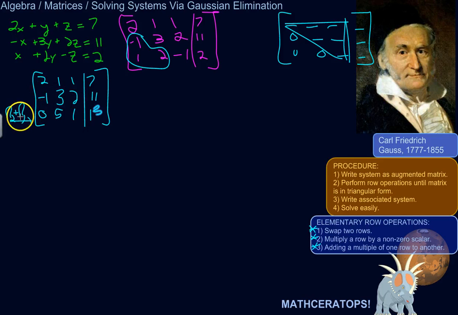So we'll add a multiple of row 1, and that multiple will be 1/2. So -1 plus 1/2 of 2, which is 1, is 0. So that'll be good. So we're gonna modify that. This will be row 2 as it is plus 1/2 of row 1.